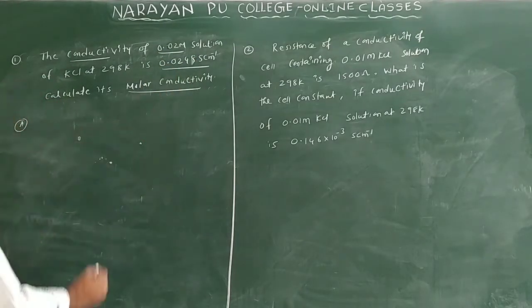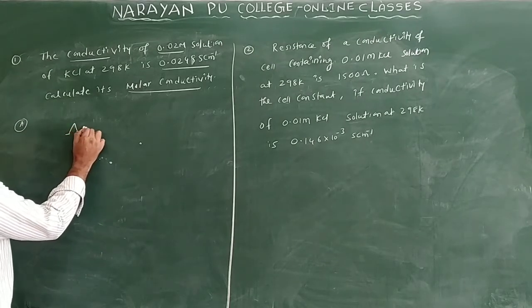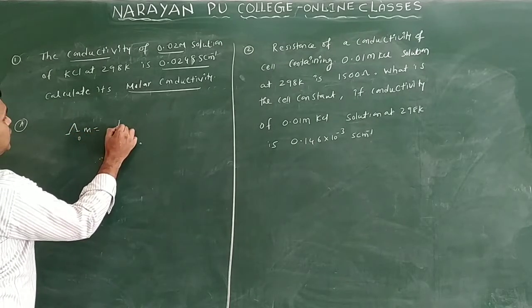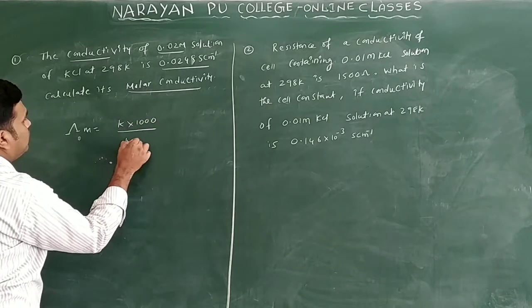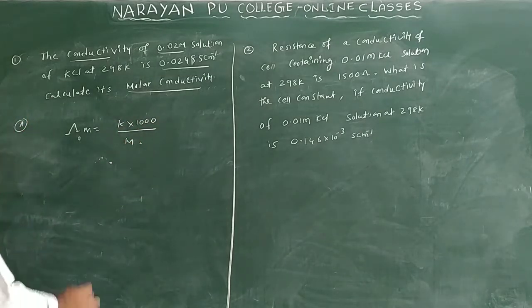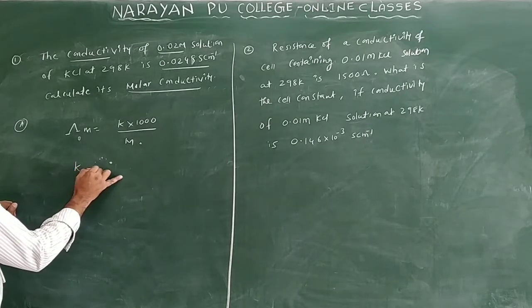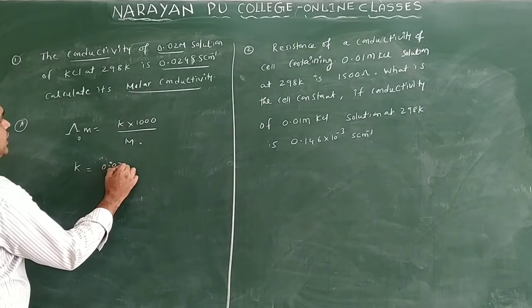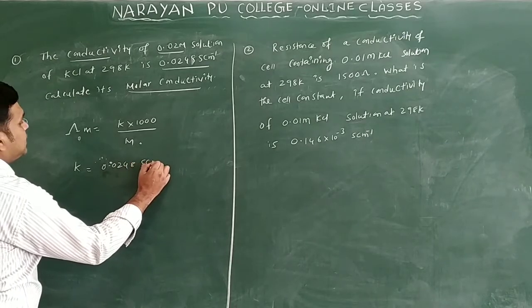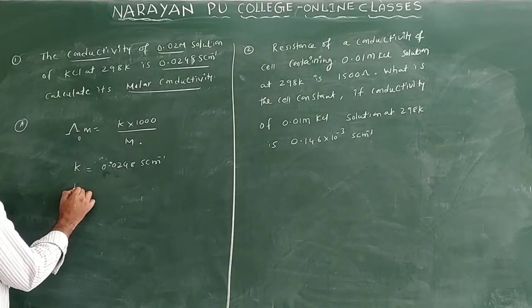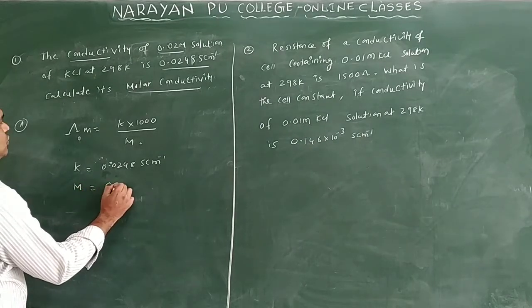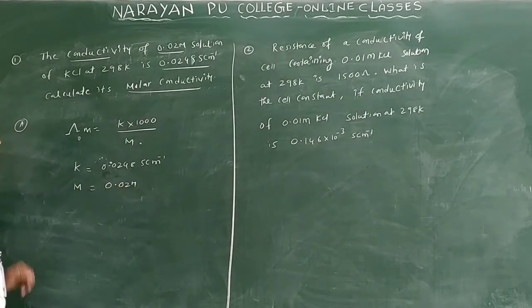If they are asking molar conductivity, you know the formula: molar conductivity, Λm, is equal to K into 1000 by molarity. K is given, K is equal to 0.0248 Siemens centimeter inverse, and the concentration molarity is 0.02.